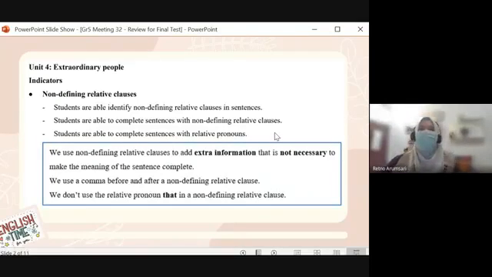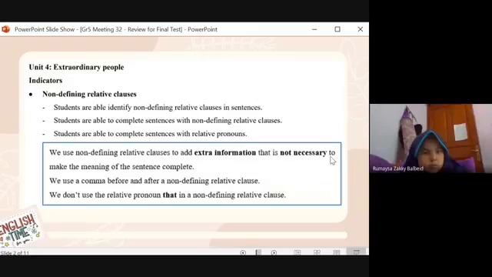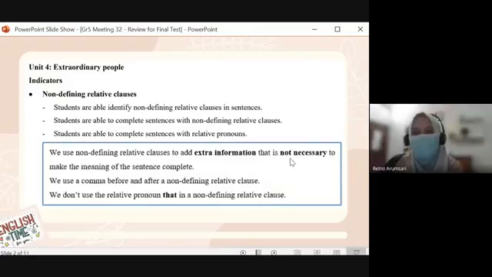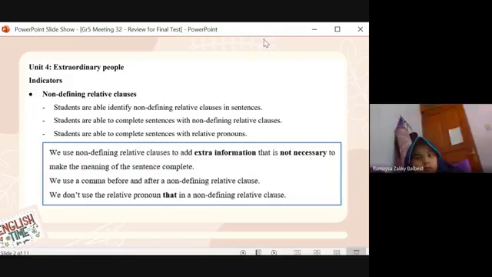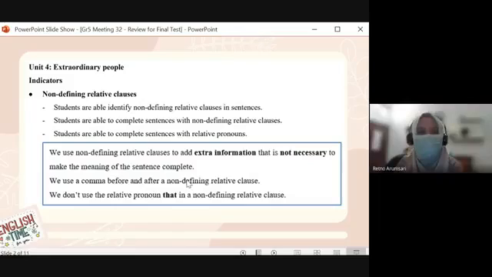Okay, so what is a non-defining relative clause? We use non-defining relative clauses to add extra information that is not necessary. You don't need the extra information to make the meaning of the sentence complete, because without the relative clause, the meaning of the sentence is already complete.